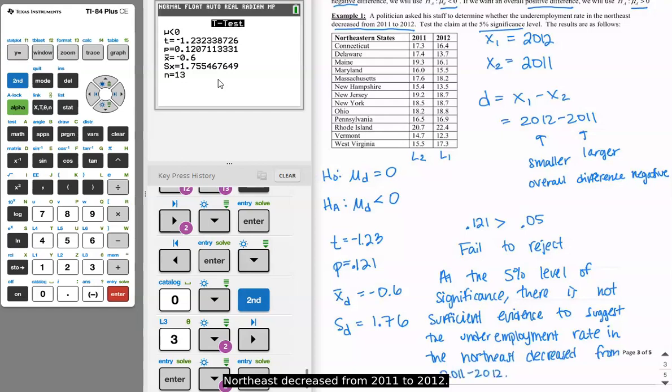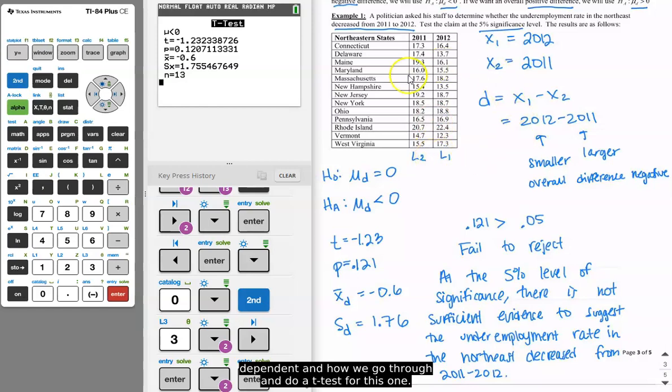It did look like we saw some negative differences, but it doesn't look like it's statistically significant. So here is our example of when the samples are dependent and how we go through and do a t-test for this one.